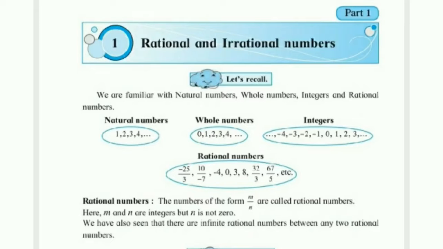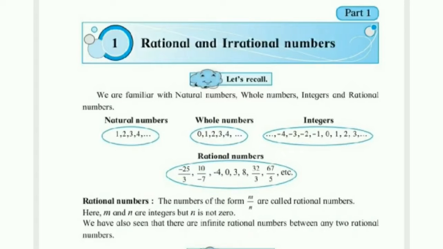Next, rational numbers. Now rational numbers are the numbers which form m upon n, where m and n are integers but n is not 0. So in the examples you can see over here, minus 25 upon 3, 10 upon minus 7. Also the number minus 4. Why?